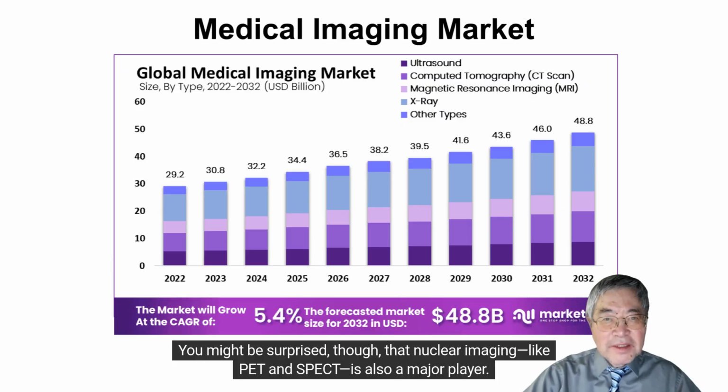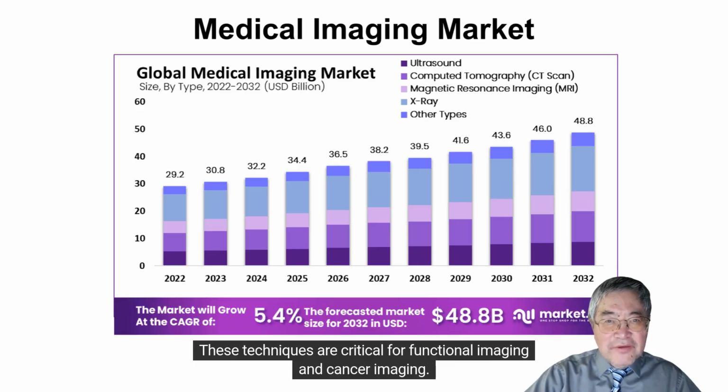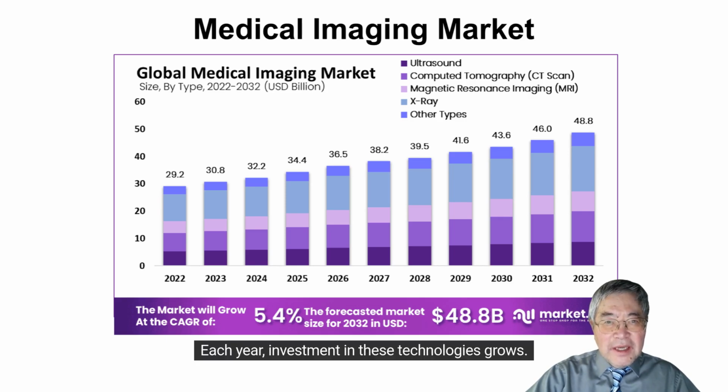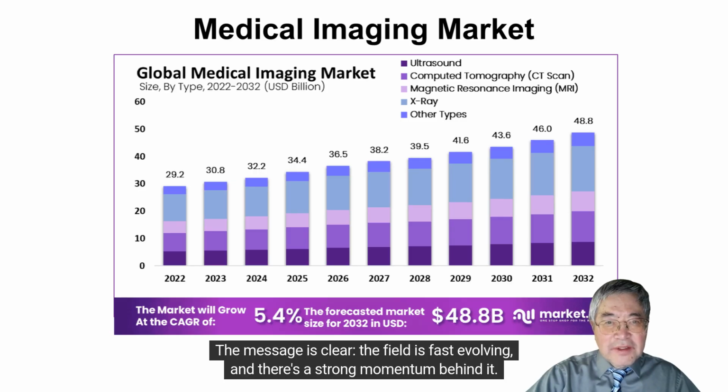You might be surprised, though, that nuclear imaging, like PET and SPECT, is also a major player. These techniques are critical for functional imaging and cancer imaging. They are becoming more popular as we move toward personalized and molecular medicine. Each year, investment in these technologies grows. The message is clear: the field is fast evolving and there's a strong momentum behind it.